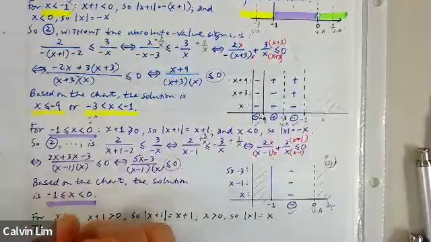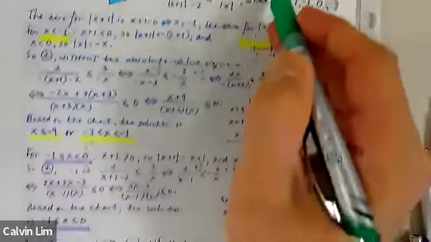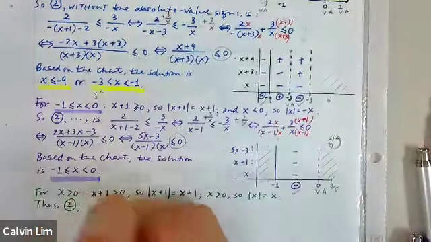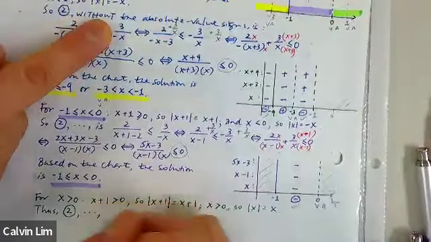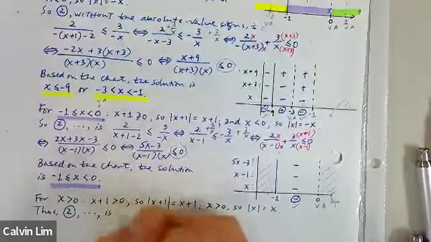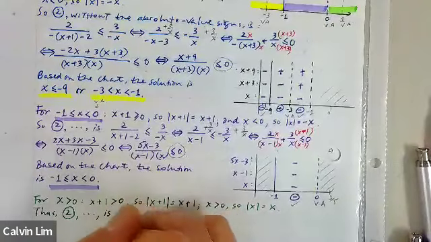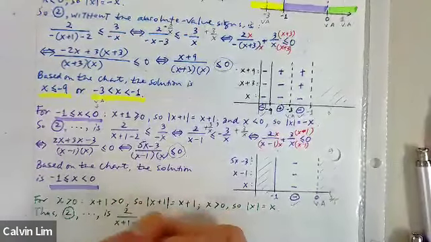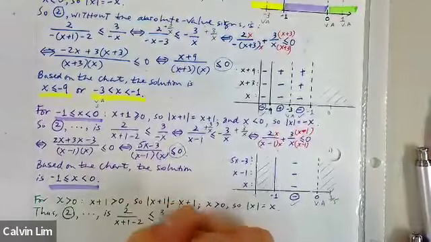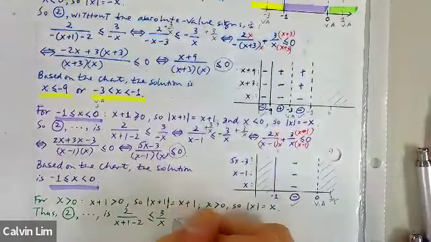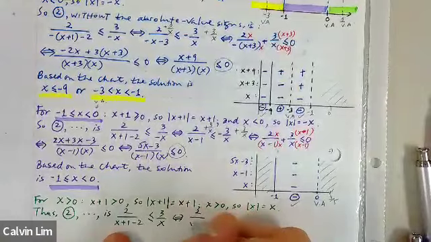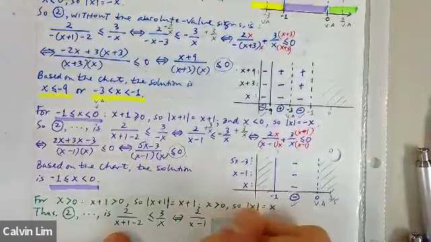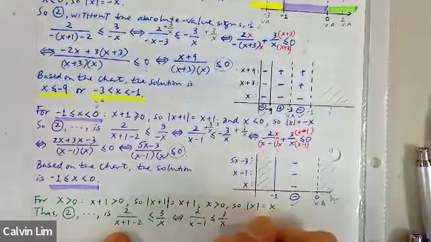Thus, equation 2, without the absolute value sign, is 2 over x plus 1 minus 2 less than or equal to 3 over x. So 2 over x minus 1 less than or equal to 3 over x.